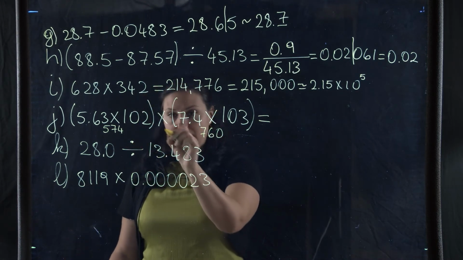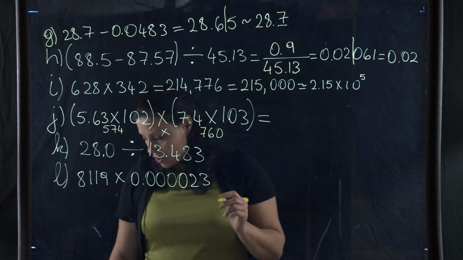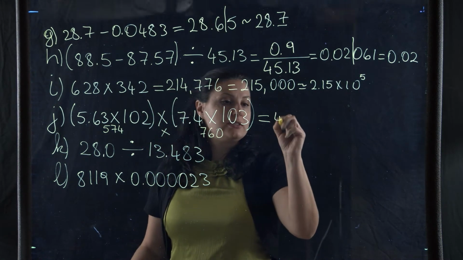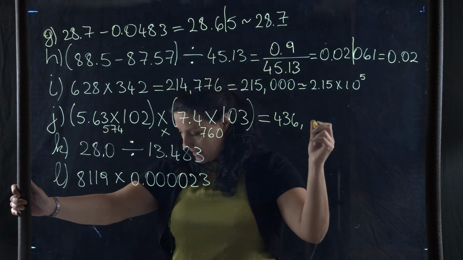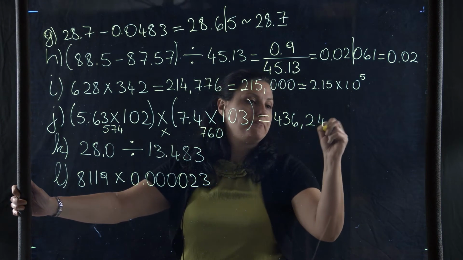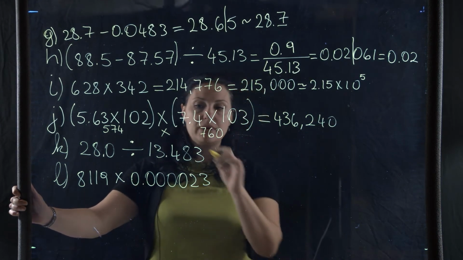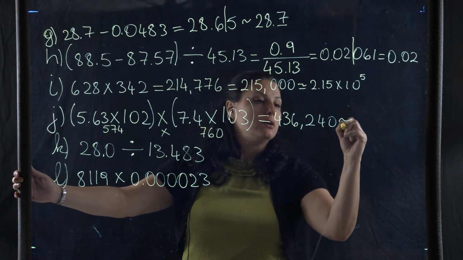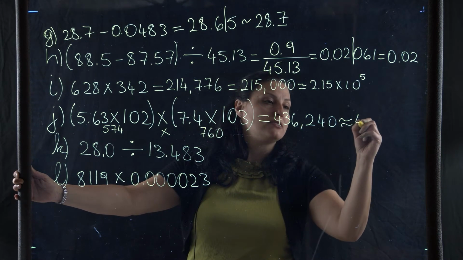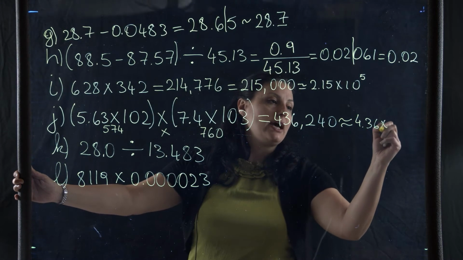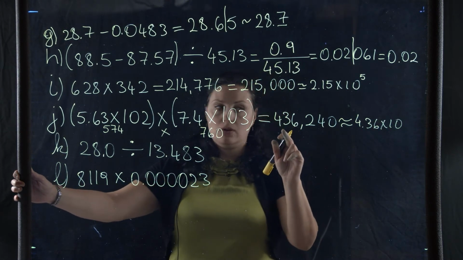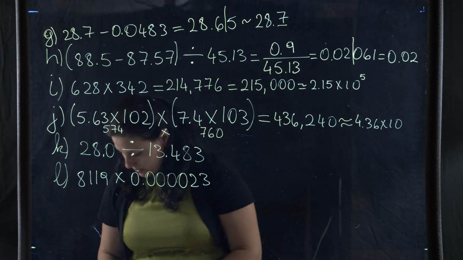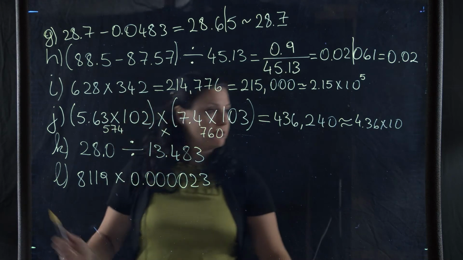And if you multiply these two numbers together, you will get 436,240. Now, because I'm limited to 2 significant digits, I will approximate that as 4.36 times 10 to the, and I said 2 significant digits, and I wrote 3.